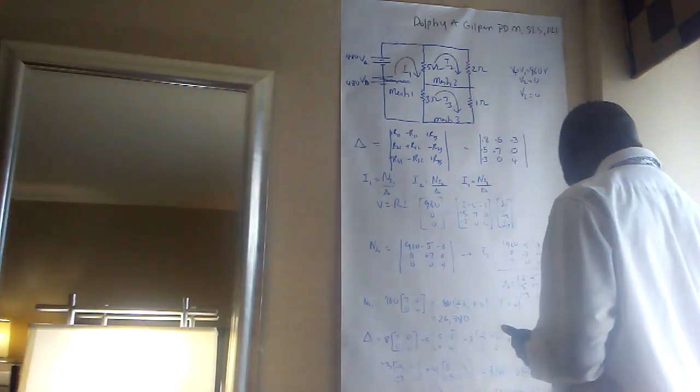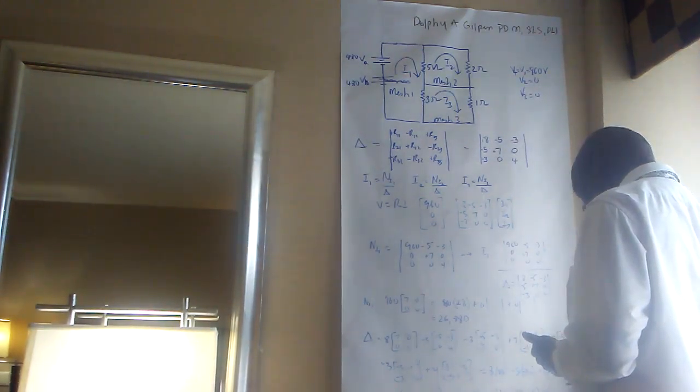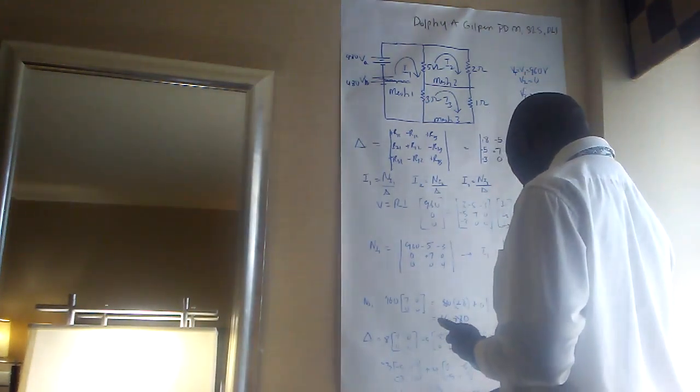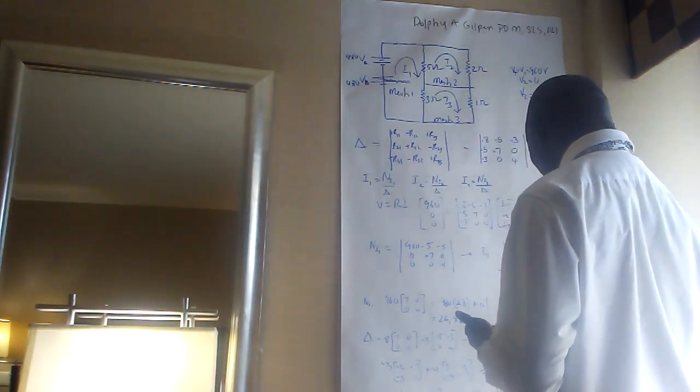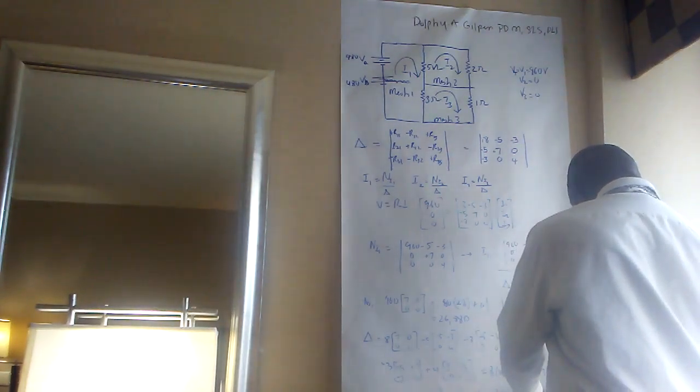5 times 20 would be plus 100. 3 times that would be minus 63.